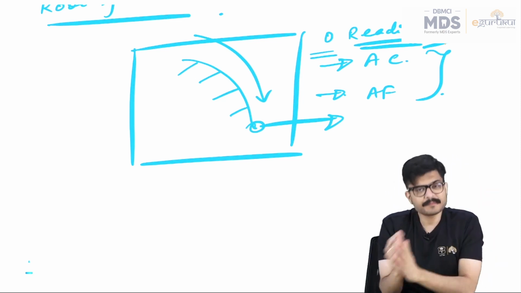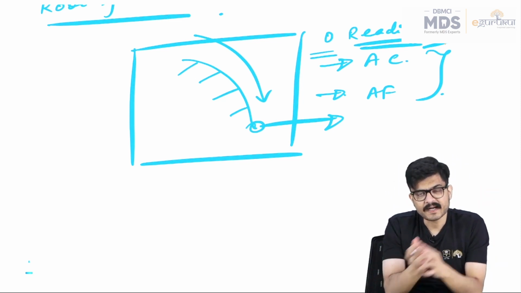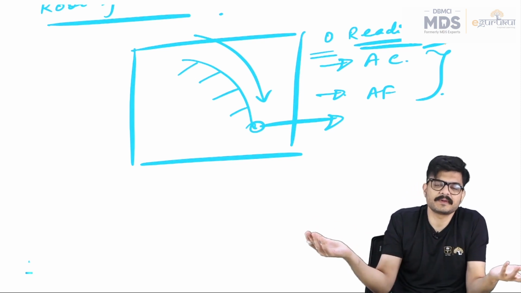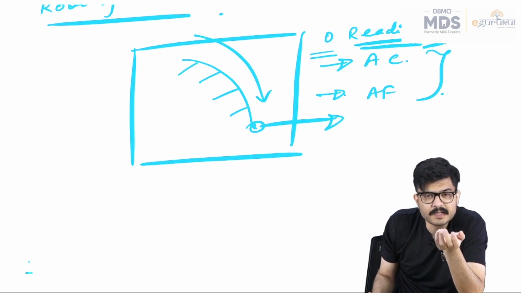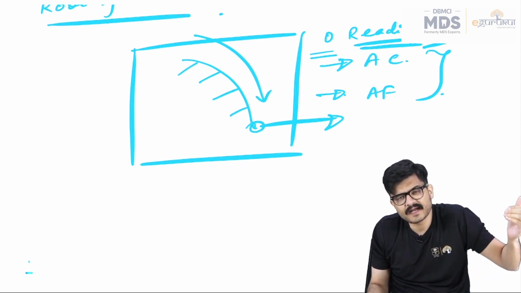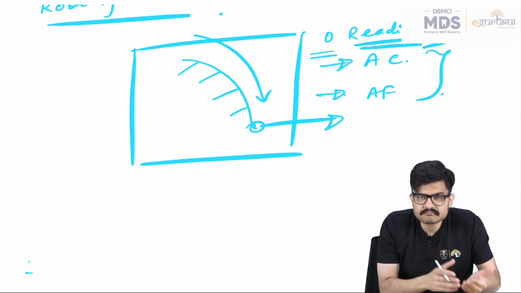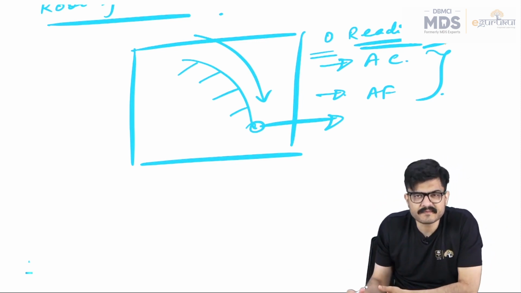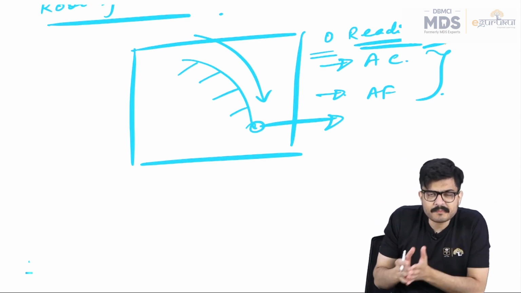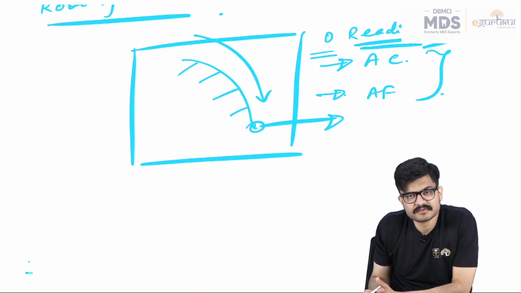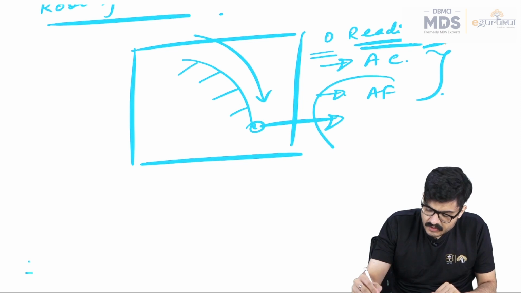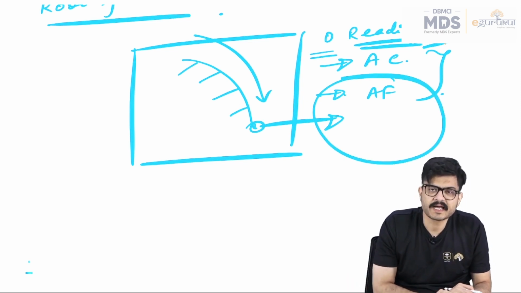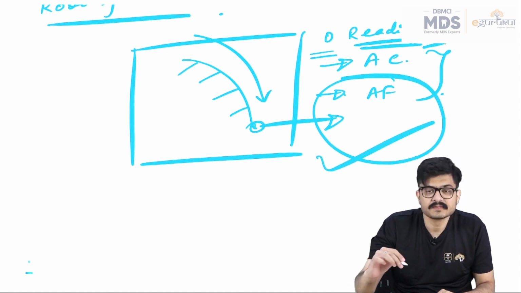That means the zero reading will be where? When it is beyond the apical constriction. The distance between the apical constriction and apical foramen is hardly 0.5 to 1 mm. So if we consider it 0.5 mm, imagine your file is beyond the apical constriction by 0.3, 0.4, 0.5 mm, right? So for all practical purposes, it is nearer to the apical foramen than anything else. So the zero reading of an apex locator tells you that your major diameter or your apical foramen is reached, right?